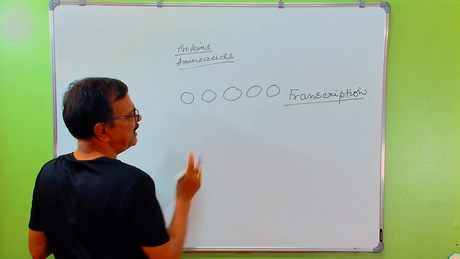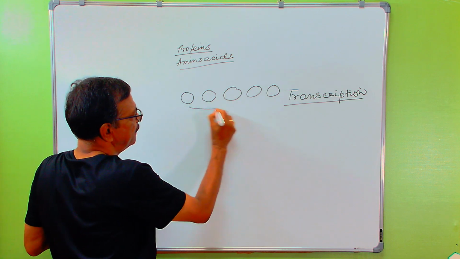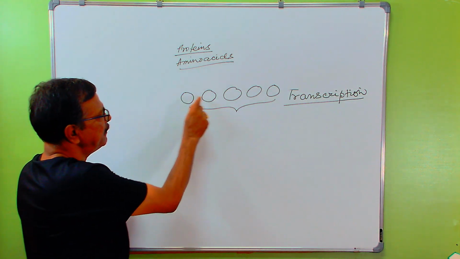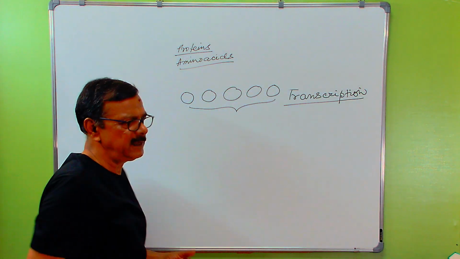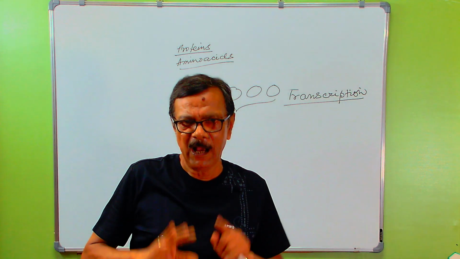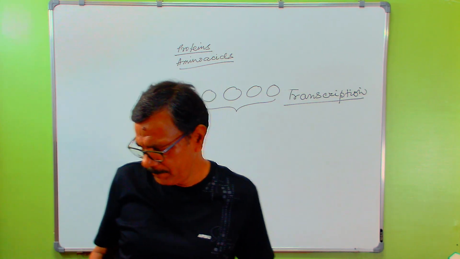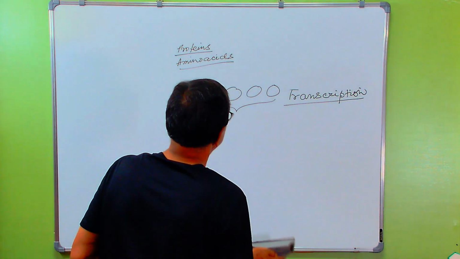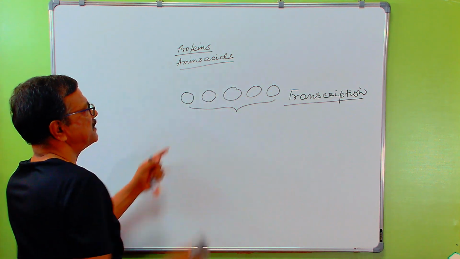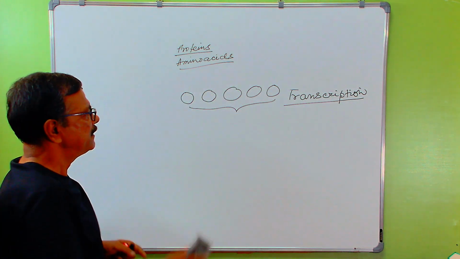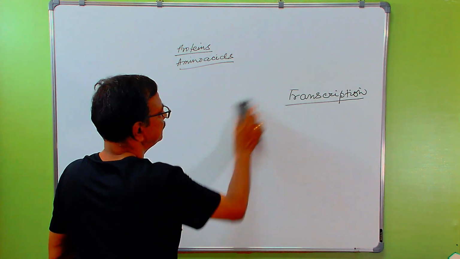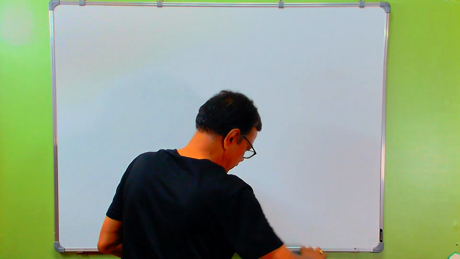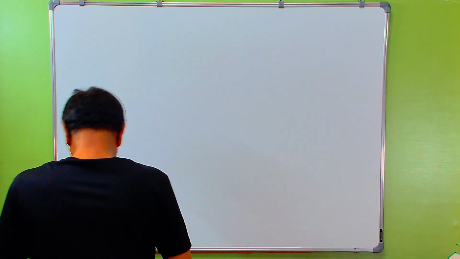These together form a protein. These amino acids are actually the base of protein. How many amino acids are there? There are 20 amino acids. First you write it down that there are 20 amino acids, then we will come back to them from time to time.